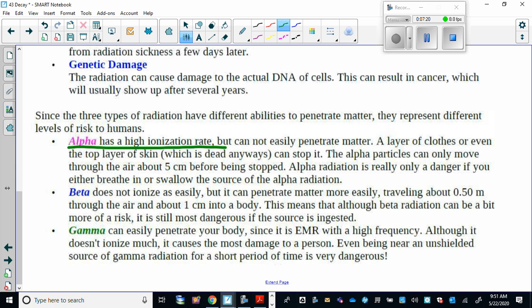Beta does not ionize easily, but it can penetrate matter more easily, traveling about 0.5 meter through the air and about 1 centimeter into the body. So beta radiation can be more dangerous, and gamma radiation can easily penetrate your body. It's high frequency EMR. It doesn't ionize as much, but it causes the most amount of damage to a person.